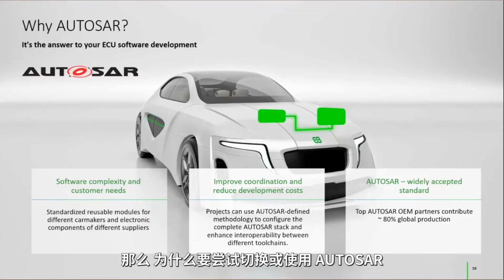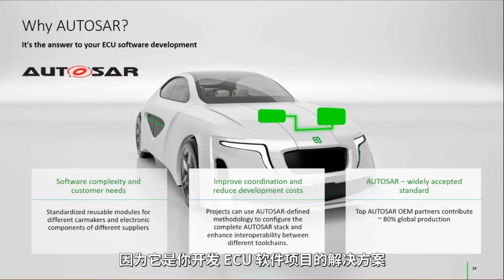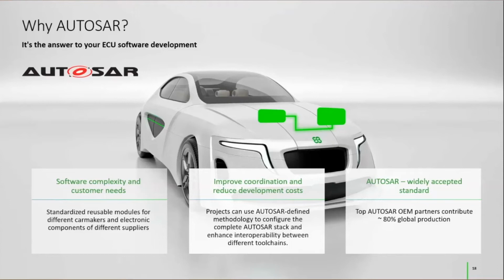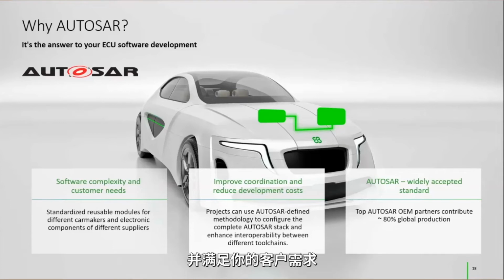So why would one try to switch or use AUTOSAR? Because it's the answer to your ECU software project development. AUTOSAR helps you to master the software complexity you've got and to still fit your customer needs.